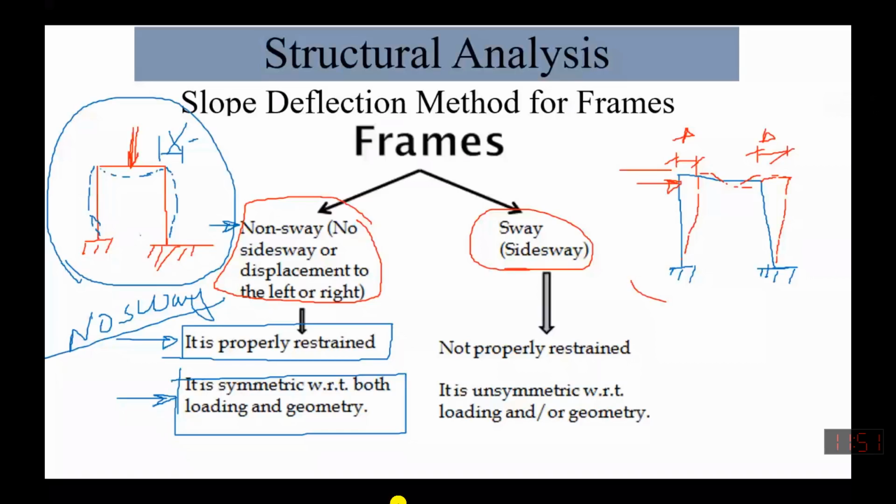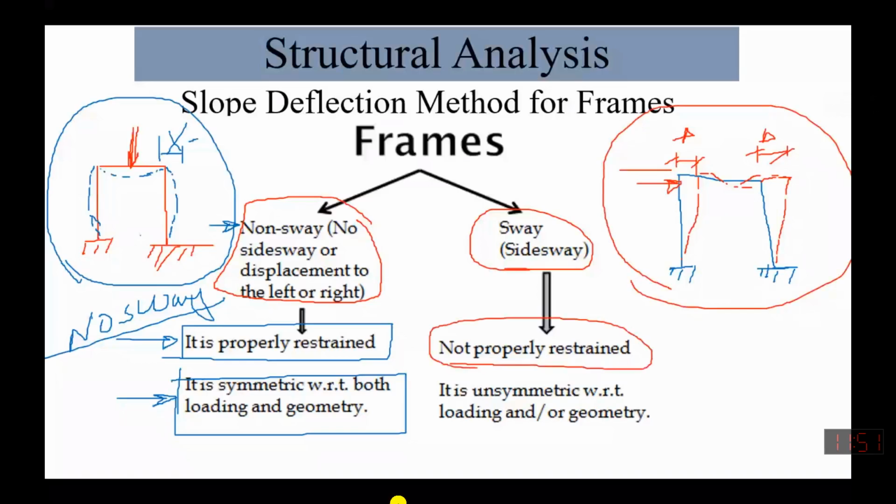It will happen once the structure is not properly restrained. If the same frame is restrained in the lateral direction, students, if I give a hinge support here, there will be no deformation in that case.